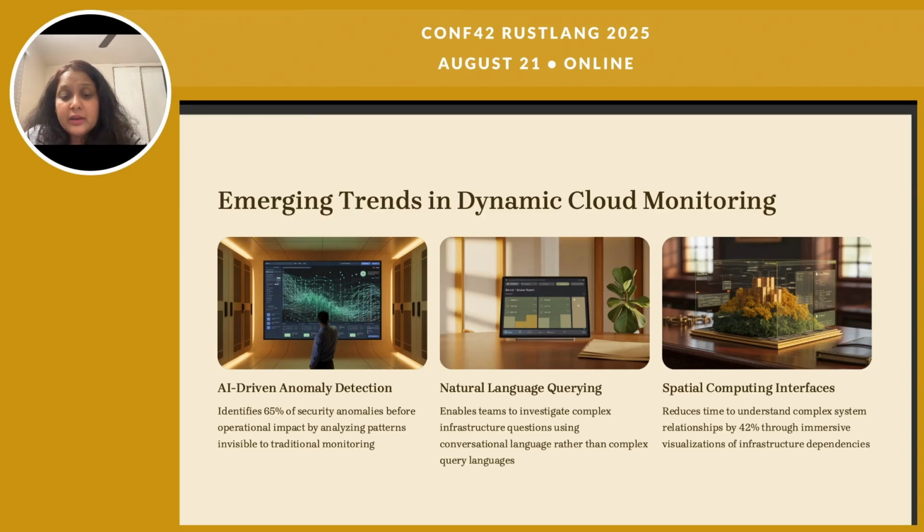NLP based query interfaces can translate questions in common language into structured telemetry searches, and on the UI, graph-based visualization and more interactive maps of dependencies can cut diagnosis time by over 40%. So these can be added on top, but the prerequisite is a low latency, reliable telemetry pipeline, which Rust already enables.